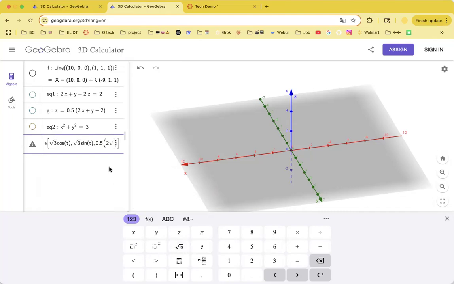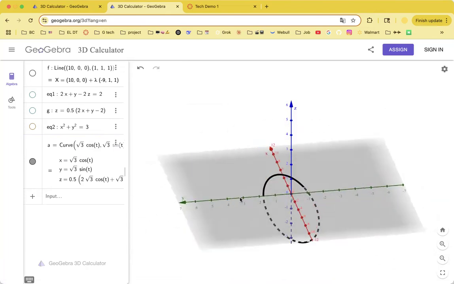It's going to make this 2 square root of 3 cosine of t plus our y value, which was square root of 3 sine of t, minus 2. For GeoGebra, after all of the x, y, z values, you have to put the variable and its start and end, which is 2 pi. Then we can see the black ring, which is the ellipse.